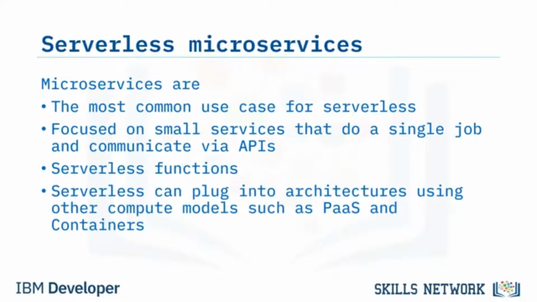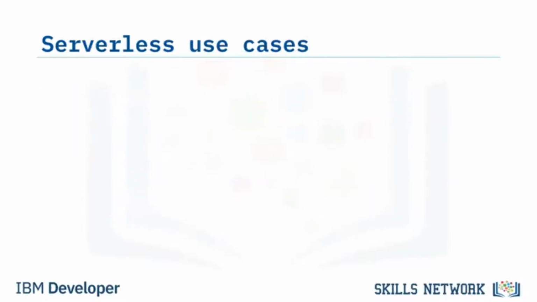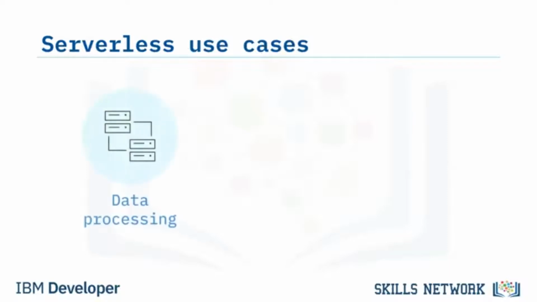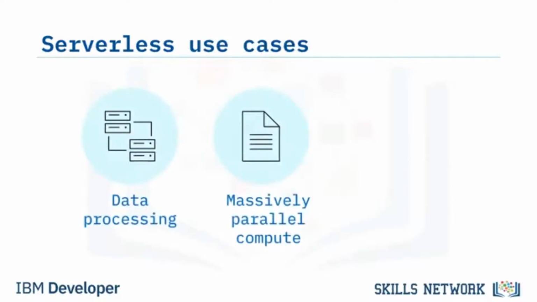Also, serverless provides inherent and rapid provisioning, automatic scaling, and a pricing model that never charges for idle capacity. Use cases especially suited for serverless include data processing, massively parallel compute, and stream processing.